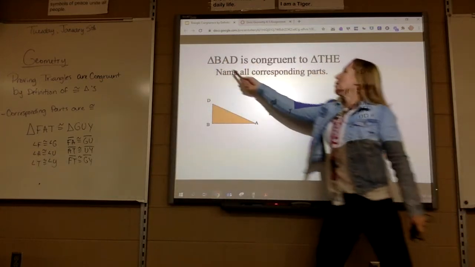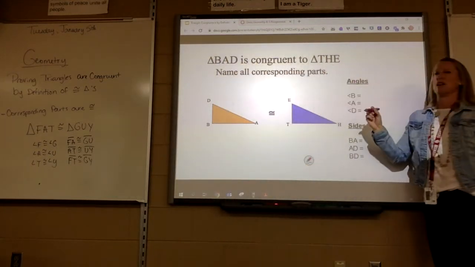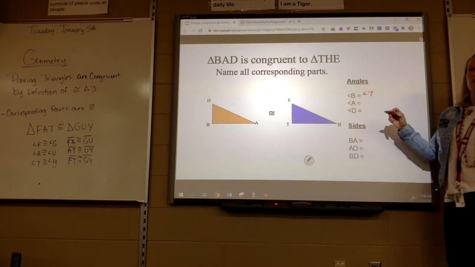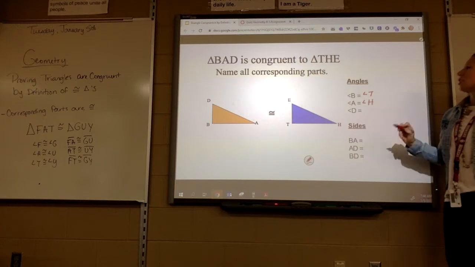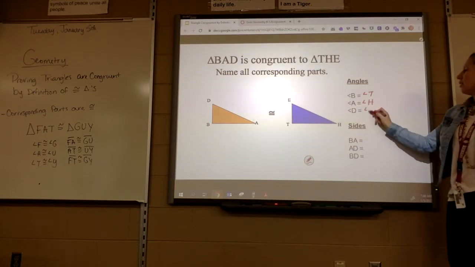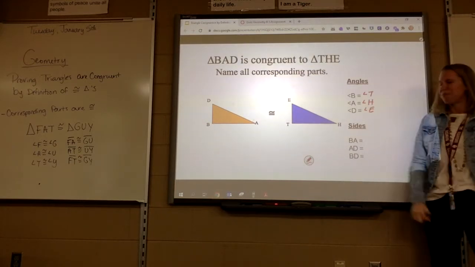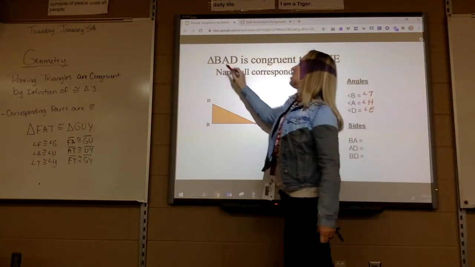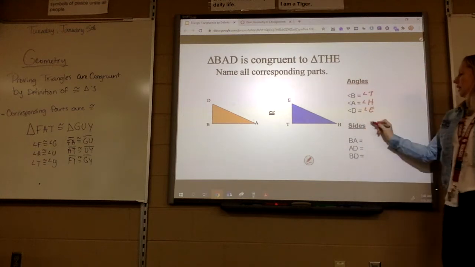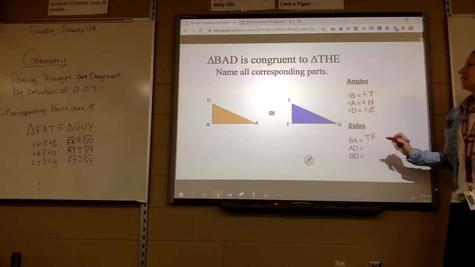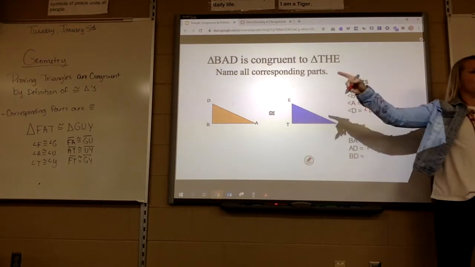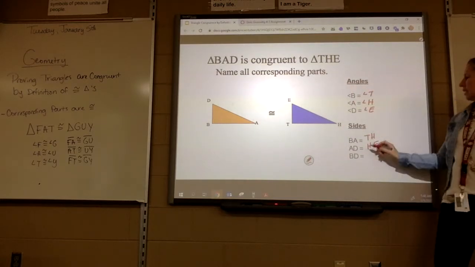So angle B, the first letter, would be congruent to angle T. Angle A would be congruent to angle H, and angle D congruent to angle E. Not bad at all. We name sides with two letters. So BA, first two letters, would be congruent to TH. AD congruent to HE, and then BD, first and last letter, TE.